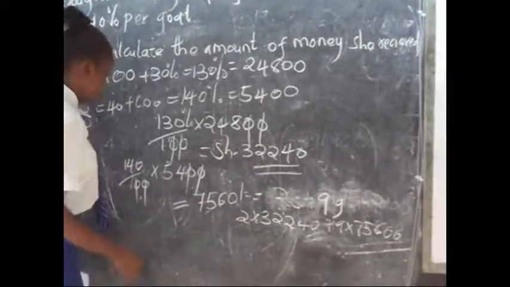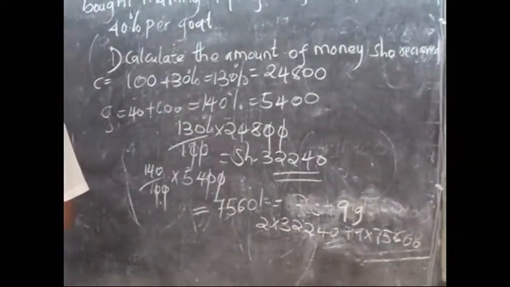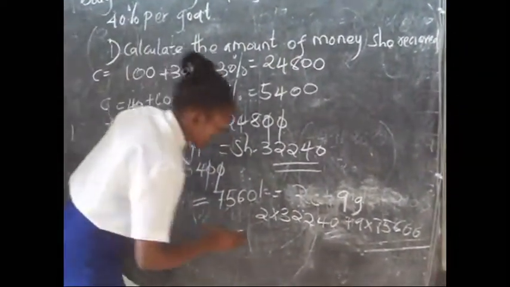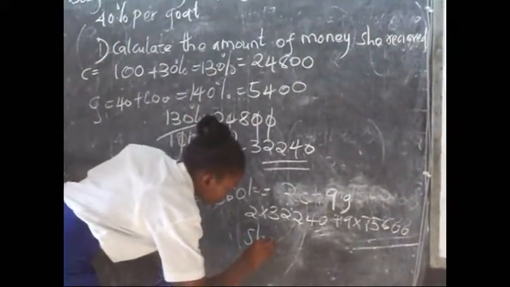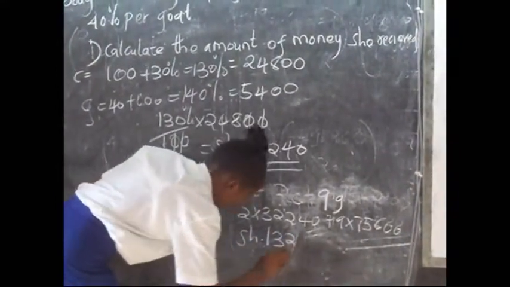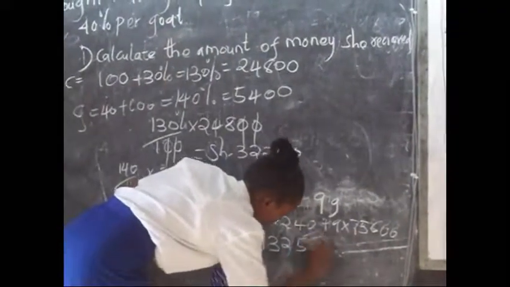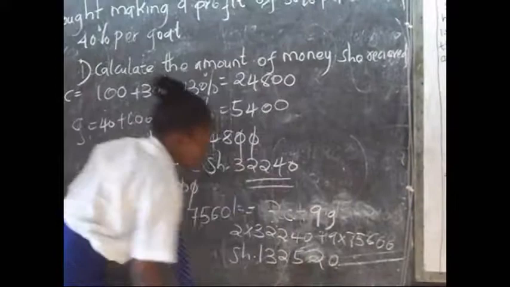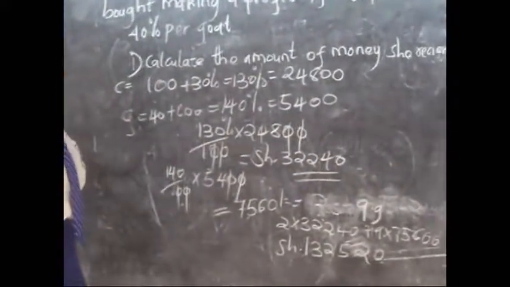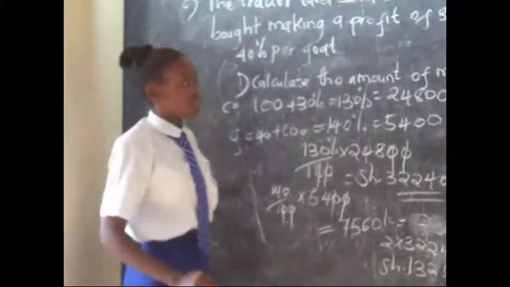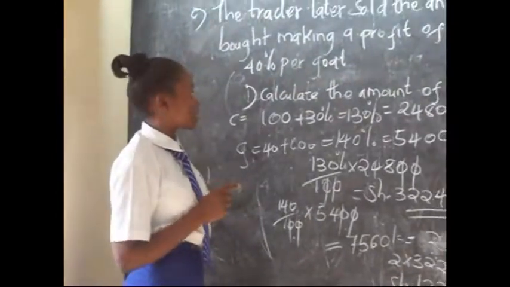After the addition, the answer is going to be 132,520 shillings. This was the amount of money that the trader had after the increase of 30% and 40%.